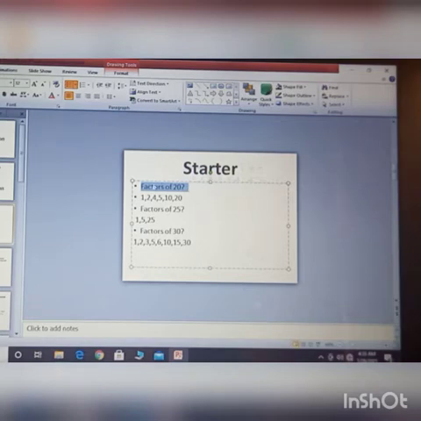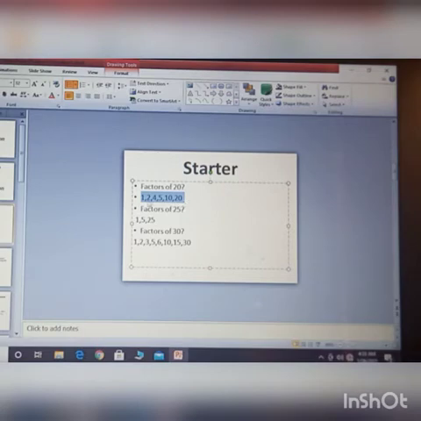So if someone is asking what are the factors of 20, you will try to write those numbers which divide 20 completely with no remainder left at the end. And if you see the list of those numbers, these are: 1, 2, 4, 5, 10 and 20. So this is the complete list of all the factors of 20.